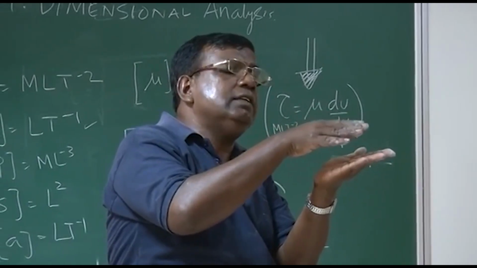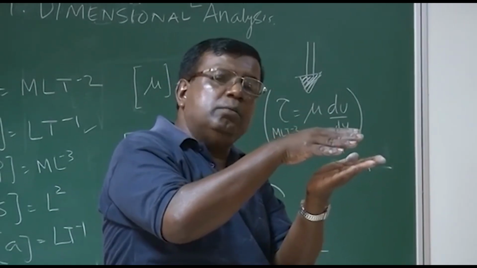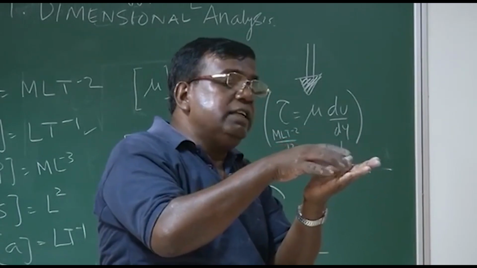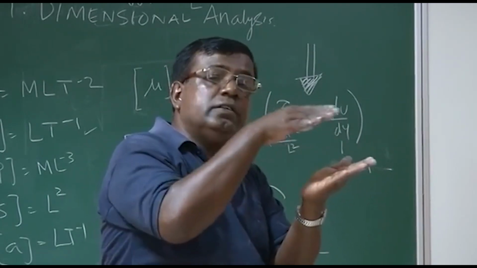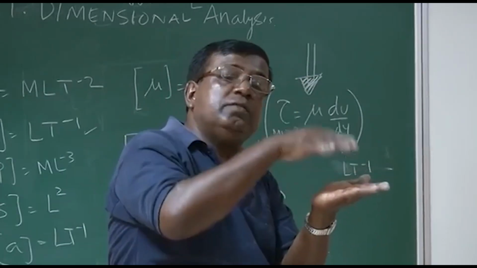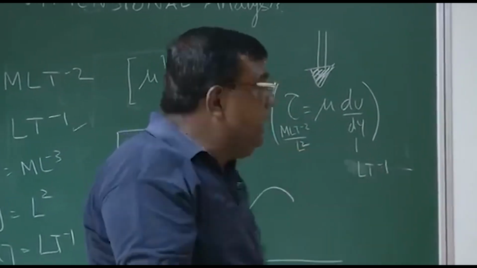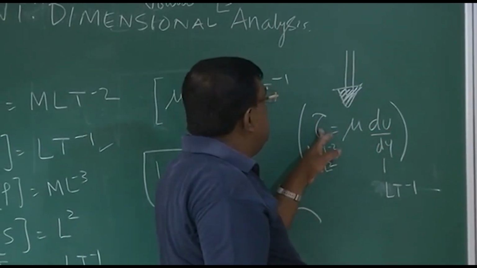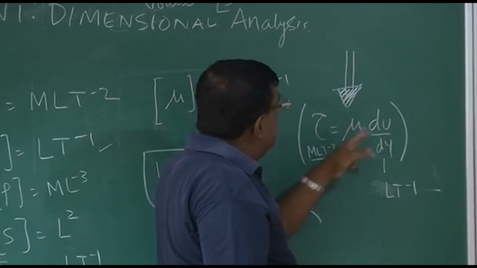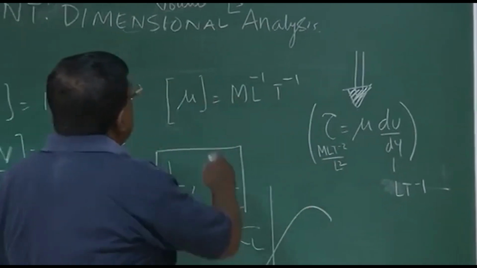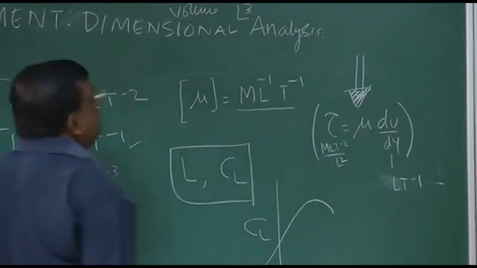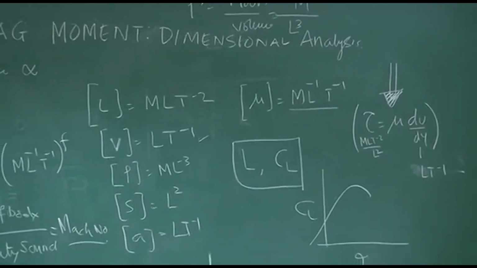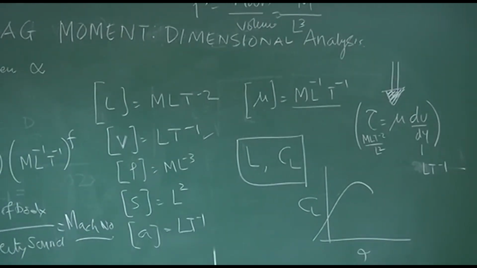So at a certain distance, the fluid will again regain almost 90 to 95% of its speed or velocity. So there is a differential in terms of velocity as I'm going perpendicular to the surface, and that gradient is du by dy. Okay? And this is shear stress. So from this I can find out the dimension of coefficient of viscosity as M L minus 1 T minus 1, or otherwise also from basic definition you can check the dimension of coefficient of viscosity to be this.